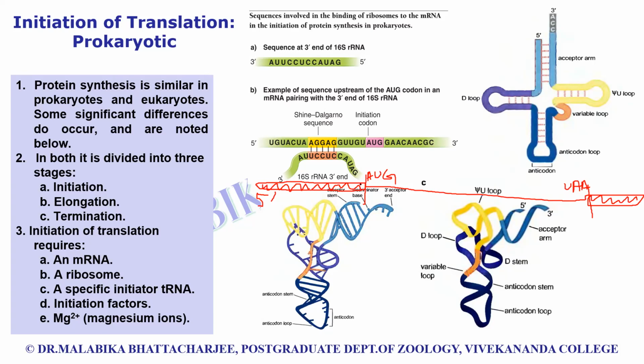The AUG initiation codon is not sufficient to tell the 30S subunit where to bind the mRNA.